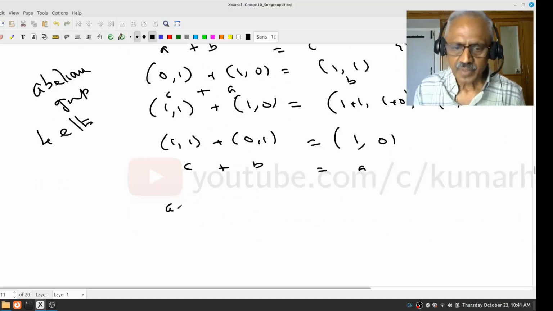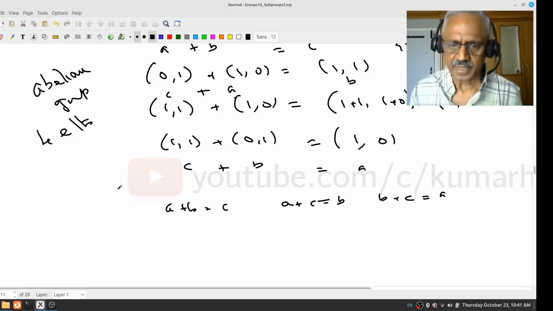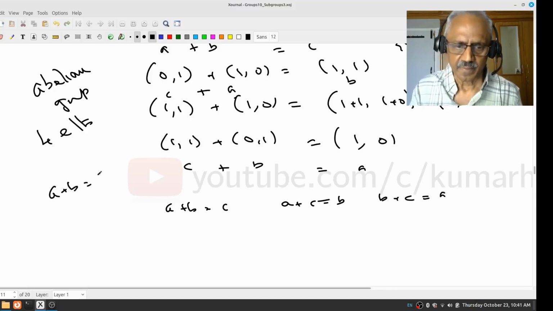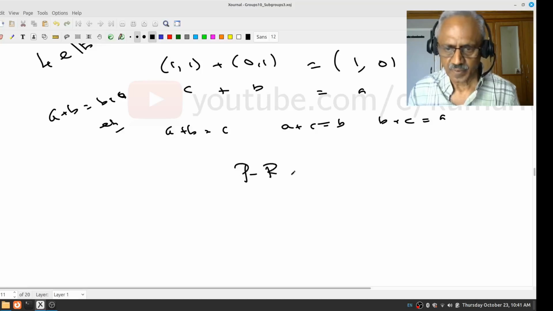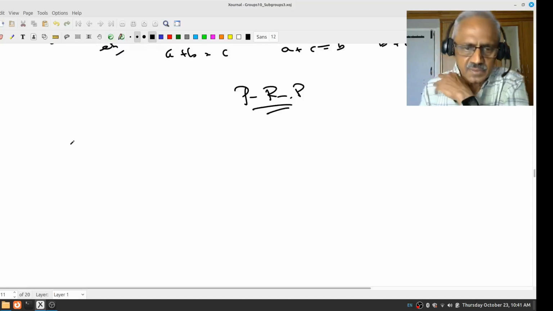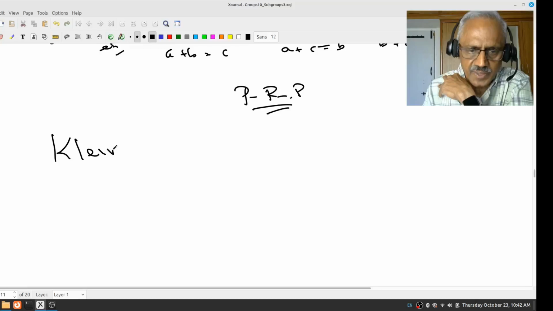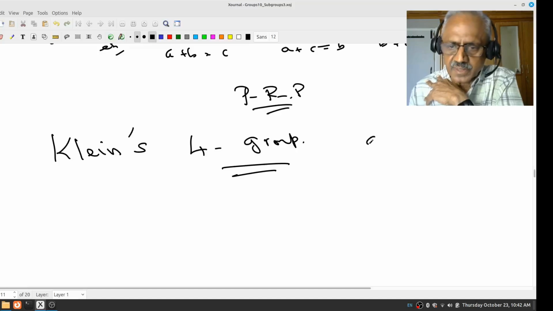And A plus B is C, A plus C is B, and B plus C is A. And it is abelian. Pause. Review. Proceed. This is known as Klein's 4 group. And this is an abelian group.